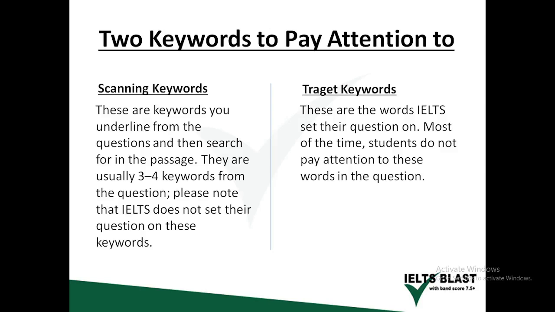Then you search for those words in the passage. That particular sentence where you find those keywords, that is where you are to what? Read. So the job of the scanning keyword is to make you identify the exact sentence you are to read.